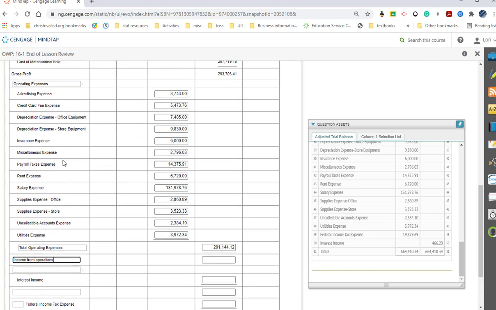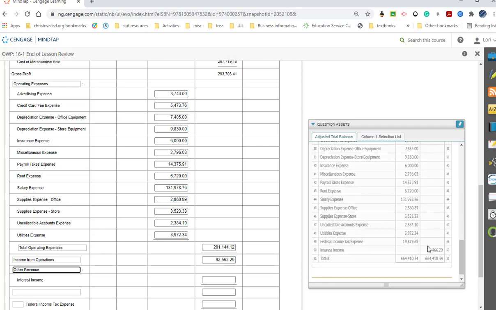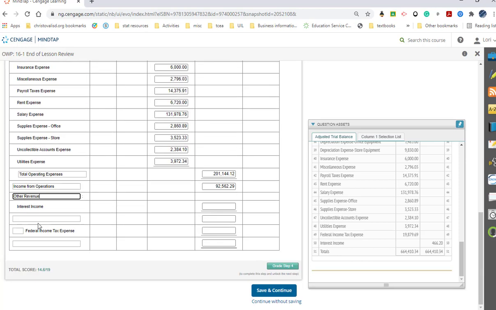And then we're going to find our income from operations. So we need to take our gross profit, this is before all our operating expenses came out, subtract out our operating expenses, and we found out that we have $92,562.29. And then we're going to add in any other revenue. So we're going to look back over here and see, is there anything else being added into our income? And so the interest income was added in.